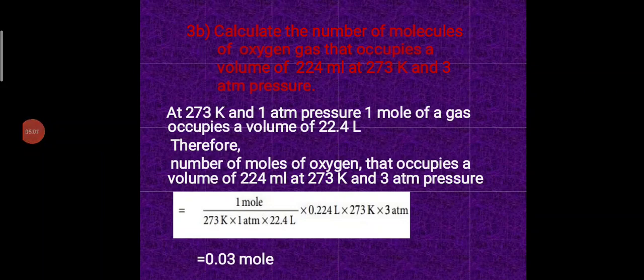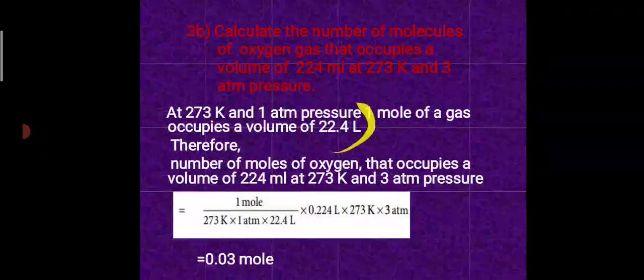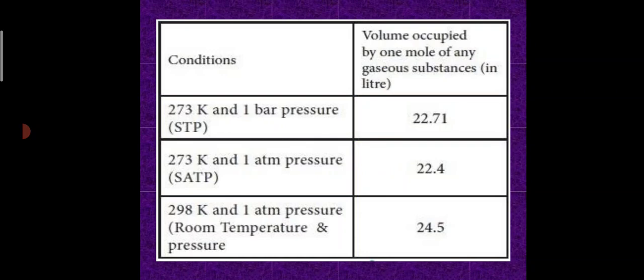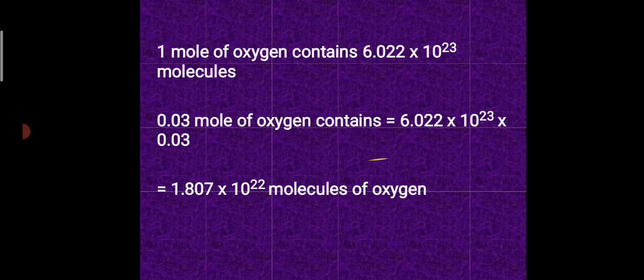Next is, calculate the number of molecules of oxygen that occupies the volume of 224 ml at 273 Kelvin and 3 atmospheric pressure. Just now we saw the conditions: at 273 Kelvin and 1 atmospheric pressure, 1 mole of gas occupies 22.4 liters. That is what we are using here.